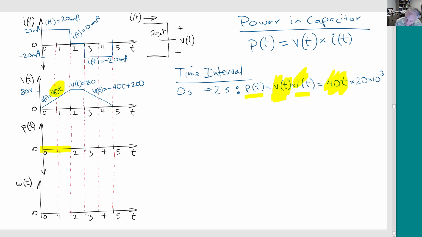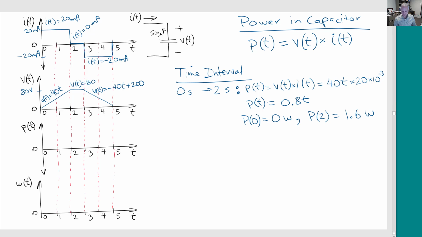And when we're doing the current, we're taking this current up here, minus 20 milliamps, and that's this part right here, okay? We're just multiplying them together, and we get the power being equal to 0.8 t, okay?